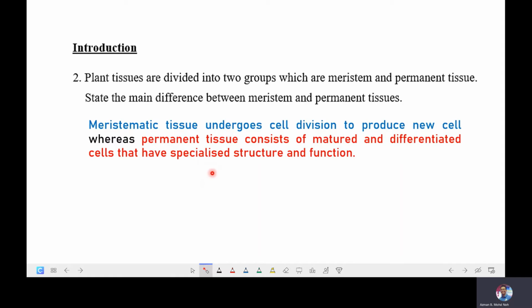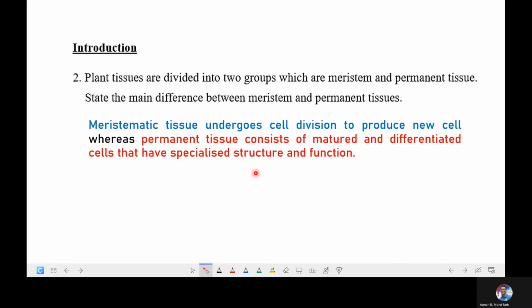Meanwhile, the permanent tissue consists of matured and differentiated cells that will be having specialized structure and function. So this will be the main difference between these 2 types of tissues in the plants.